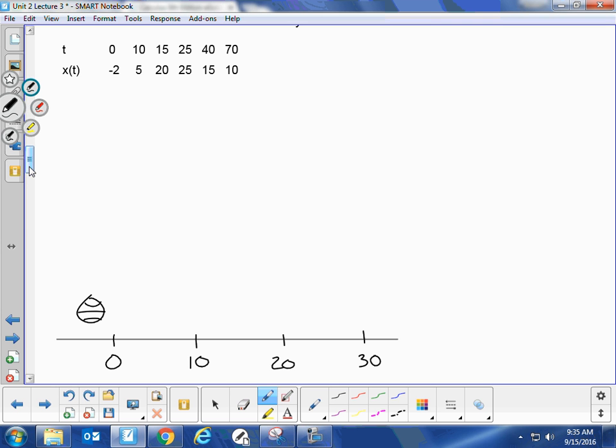Now, a table of values is just a distinct set of points: 1, 2, 3, 4, 5, 6 points. In this situation, we are given time t, which would be seconds, and we're given x of t, which is our position, in meters.